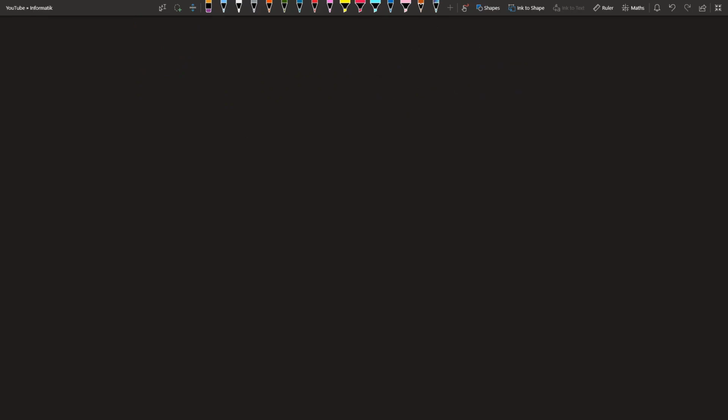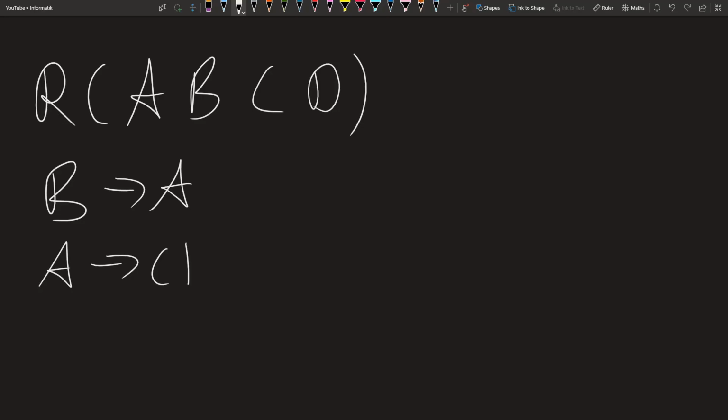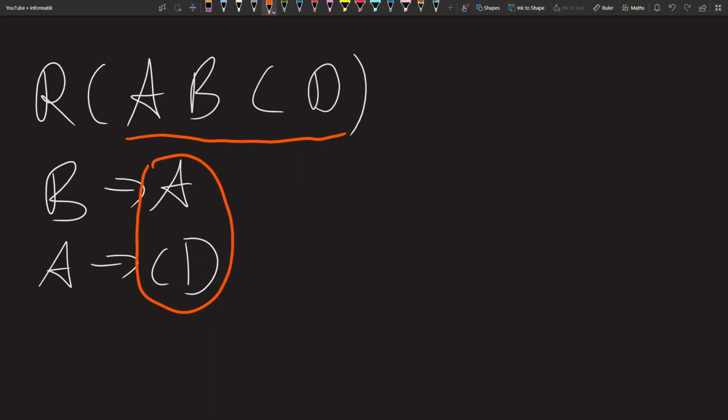So second example, we have a relation A, B, C, D. There we have B determines A, we have A determines C and D. So first of all, we look in a relation, we look on the right side. The first thing we can see is again that B is not included. So we write B there, and then we look what is B determining.